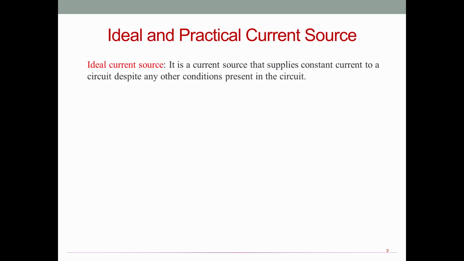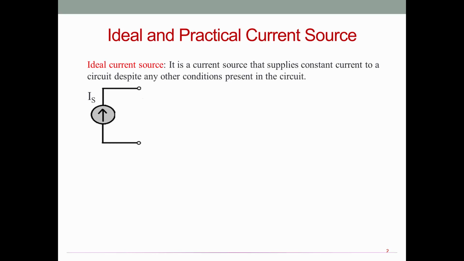What is an ideal current source? It is a current source that supplies constant current to a circuit or even a load despite any other condition present in the circuit. That means irrespective of the loading condition, current flow remains constant throughout the period.